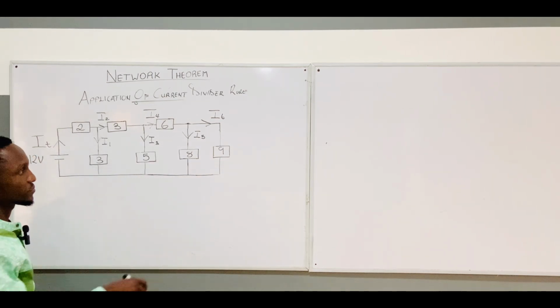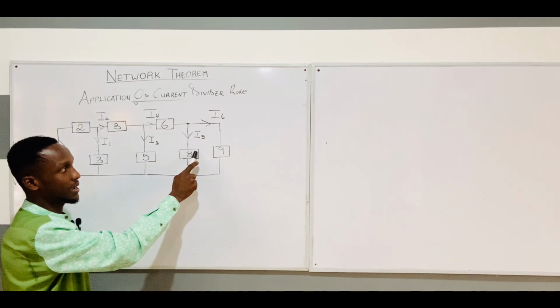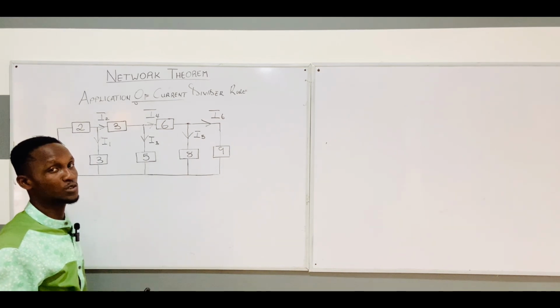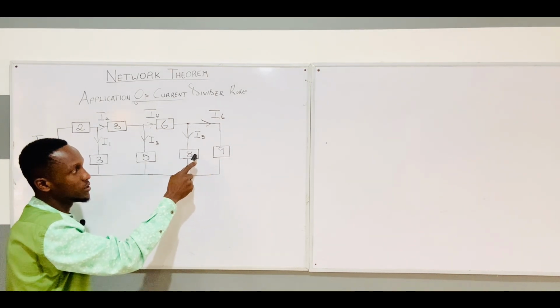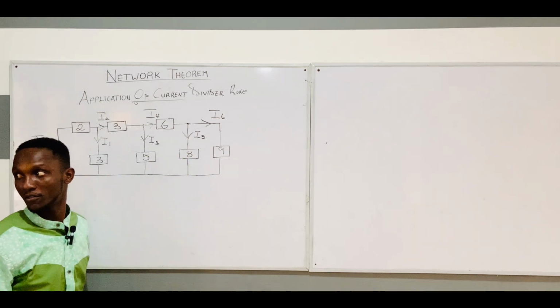Okay, now when you look at these two resistors, 8 here and 9 here are parallel to each other. So we need to resolve these two. After we finish resolving these two, it will be in series with the 6 ohm resistor that we have here.